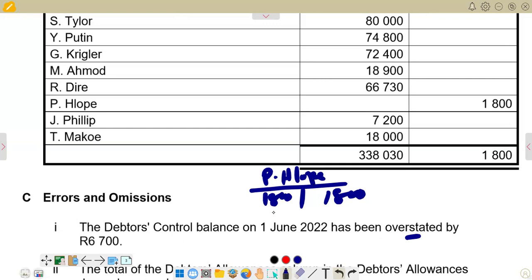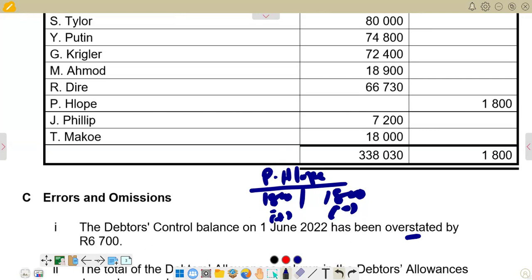So by debiting, it means we are going to add there on the debit side. Remember, on the debtors account, if we credit, we are subtracting. If we debit, we are adding. So we are adding here. So this is what we have. So basically, what we are saying is by debiting there, we are going to put it on the section of our journal debit. So our journal debits are going to increase by 1,800.